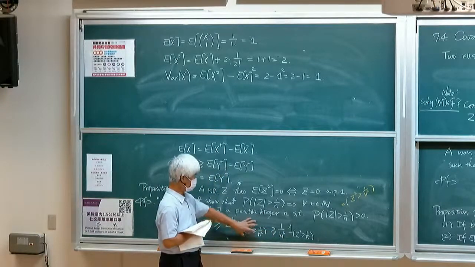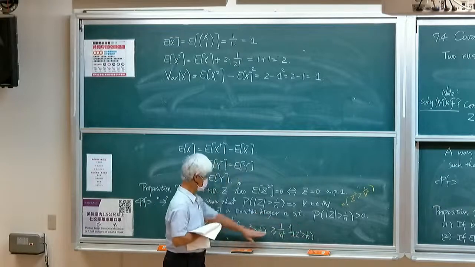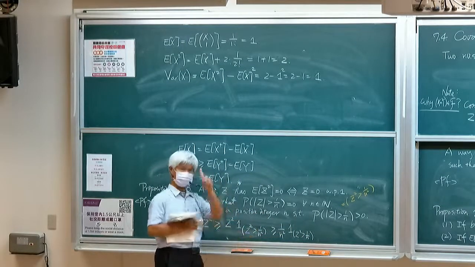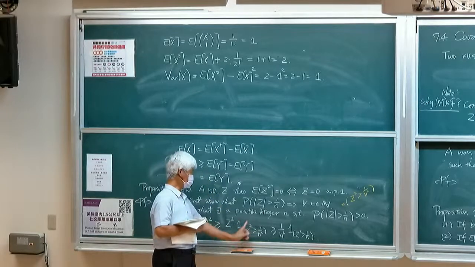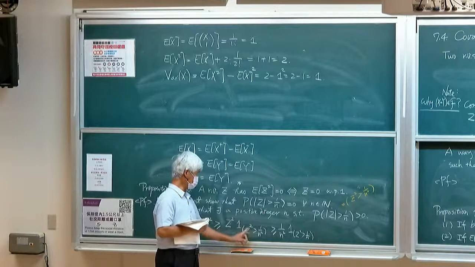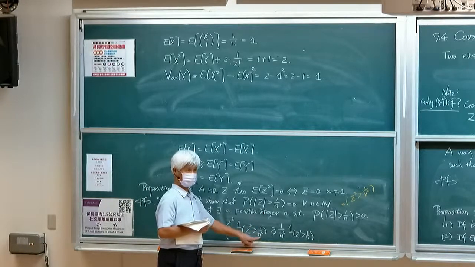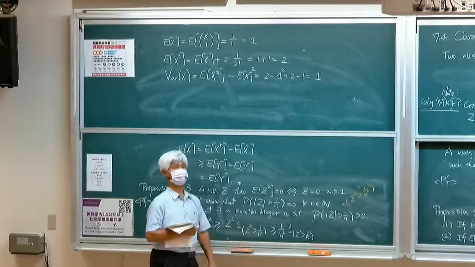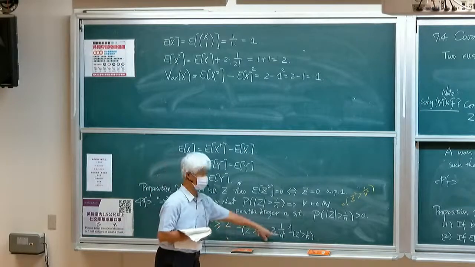So when the indicator has 0 value, then this is equal. But when the indicator has value 1, okay? In that case, Z square is lower bounded by 1 over n square. So we can replace the Z square by this one.